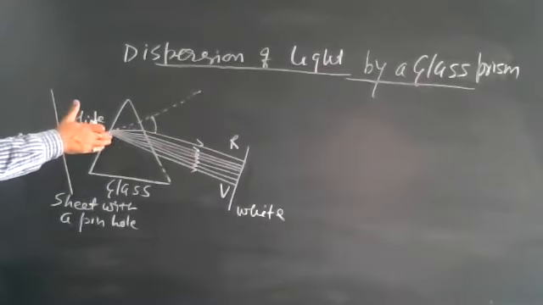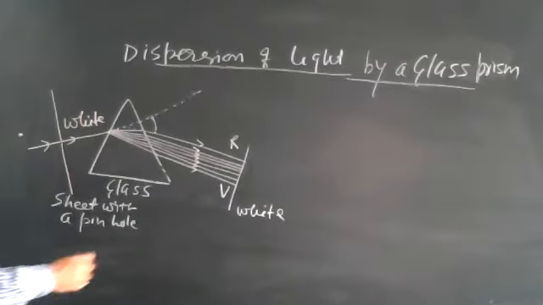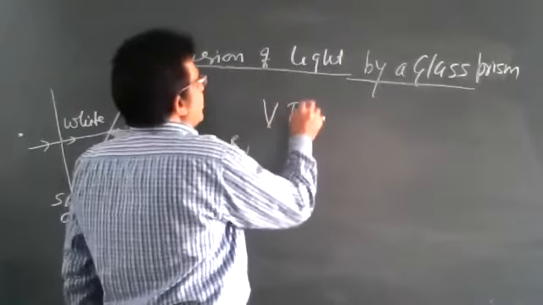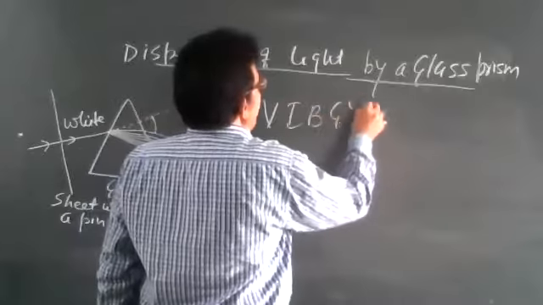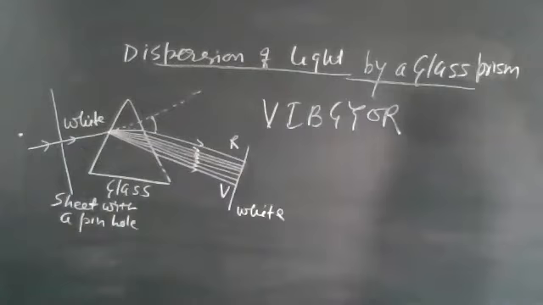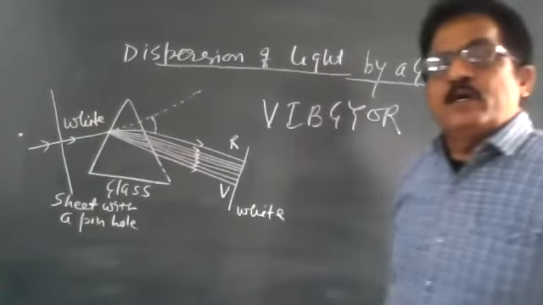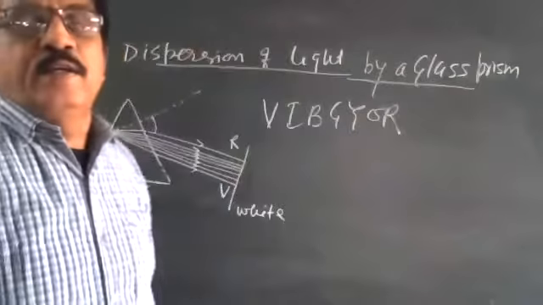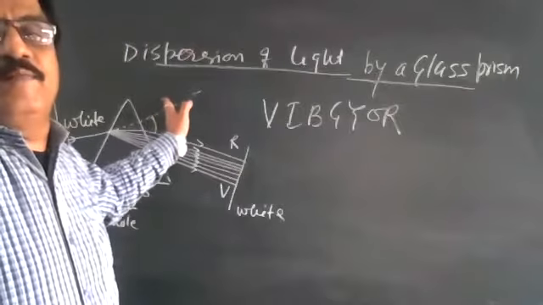The color sequence obtained is Vibgyor. Draw this figure. It's a very important figure. Remember it.